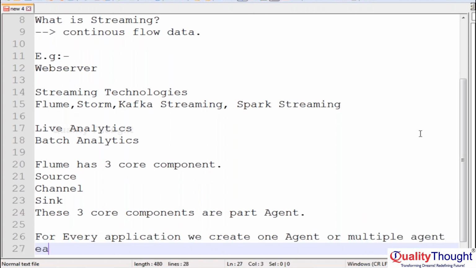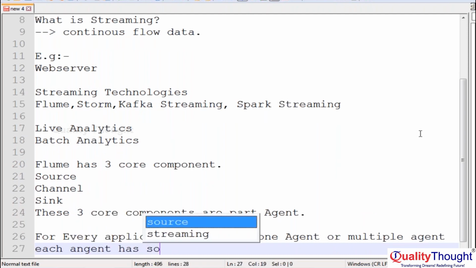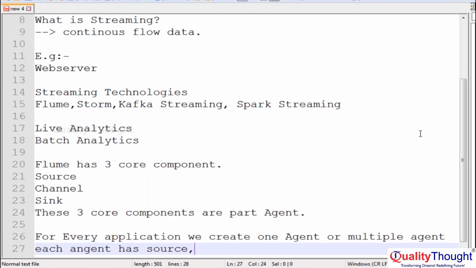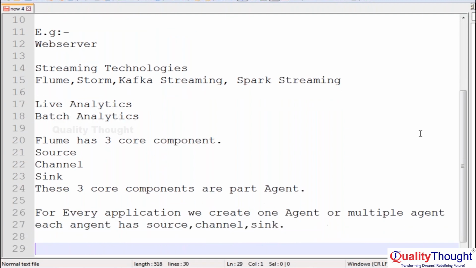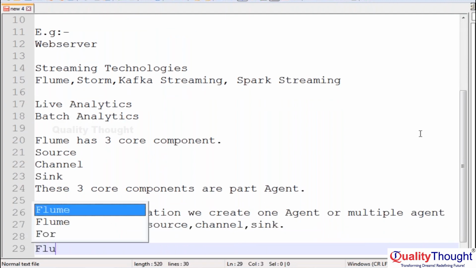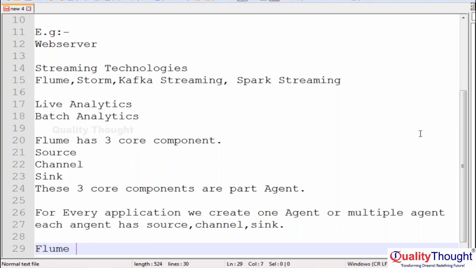Each agent has a source, channel, and sink. Let's discuss Flume architecture so that you understand the purpose of source, channel, and sink.